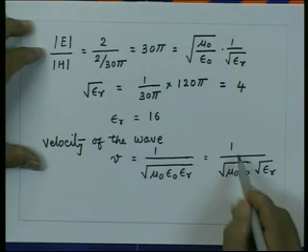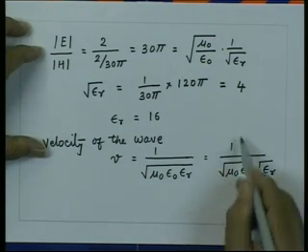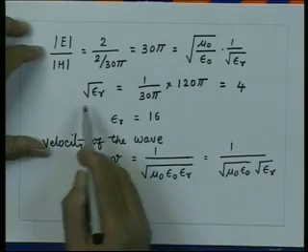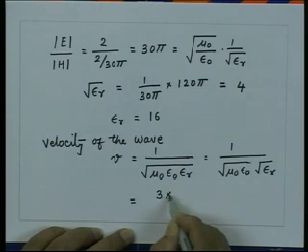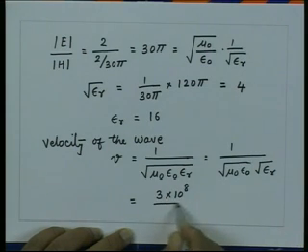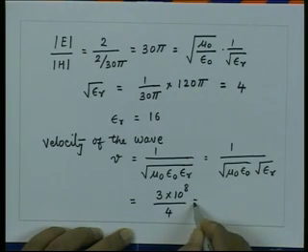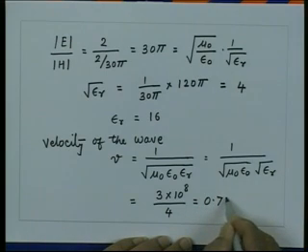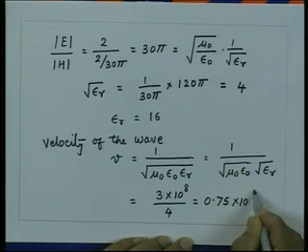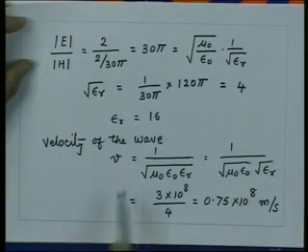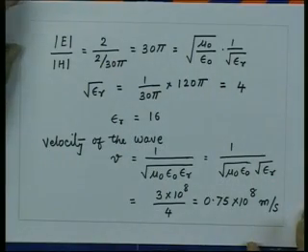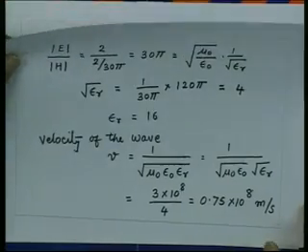So, we substitute 3 into 10 to the power 8 meters per second for this, and square root of epsilon r is 4. So, the velocity will be 3 into 10 to the power 8 divided by 4, which is equal to 0.75 into 10 to the power 8 meters per second. So, for this wave in the given dielectric, which has a dielectric constant 16, the velocity will be 0.75 into 10 to the power 8 meters per second.